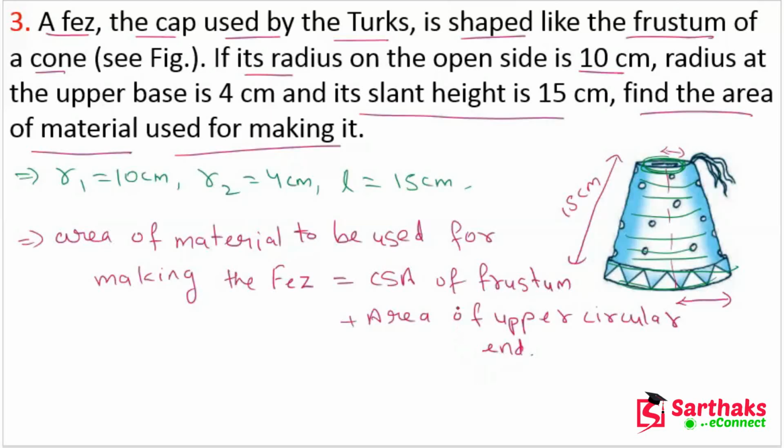So now this will become pi (R1 plus R2) into L plus pi R2 square. I hope you get this point, my dear friend. So TSA of cap is equal to pi (R1 plus R2) into L plus pi R2 square.